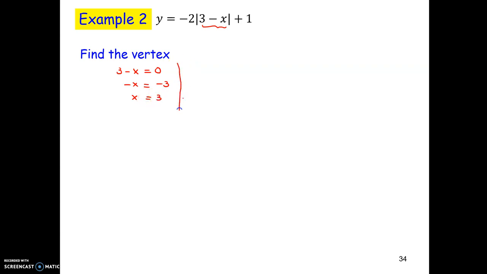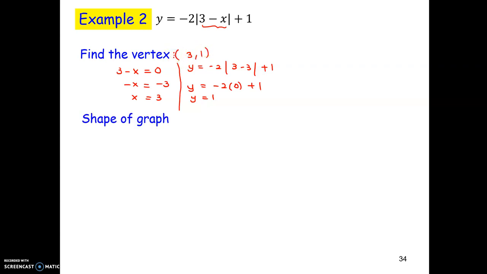So we substitute back x with 3. So y equal to negative 2, the modulus of 3 minus 3, plus 1. So this one is negative 2 times 0 plus 1. So that means y must be equal to 1. So the vertex will be (3, 1).